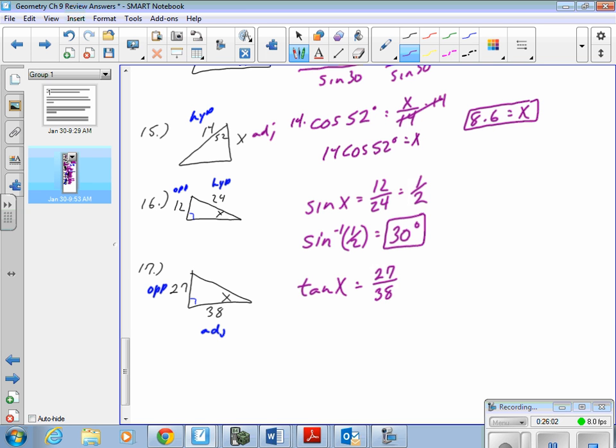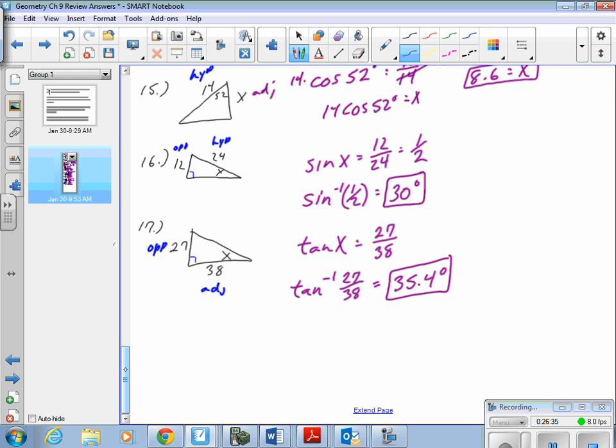And so if the tangent of x is 27 over 38, then to find the angle, we're going to use the inverse tangent of 27/38. So inverse tangent of 27 over 38 is going to give us 35.4 degrees. So that concludes the review.